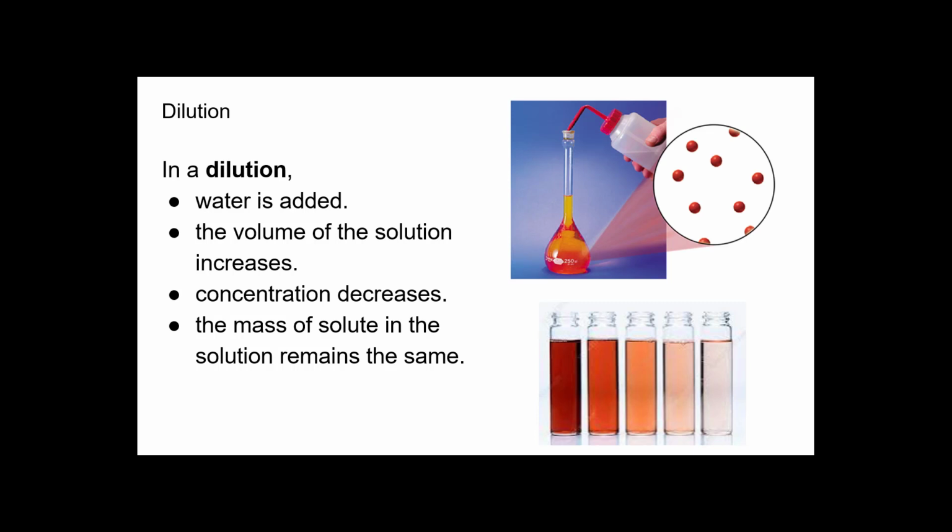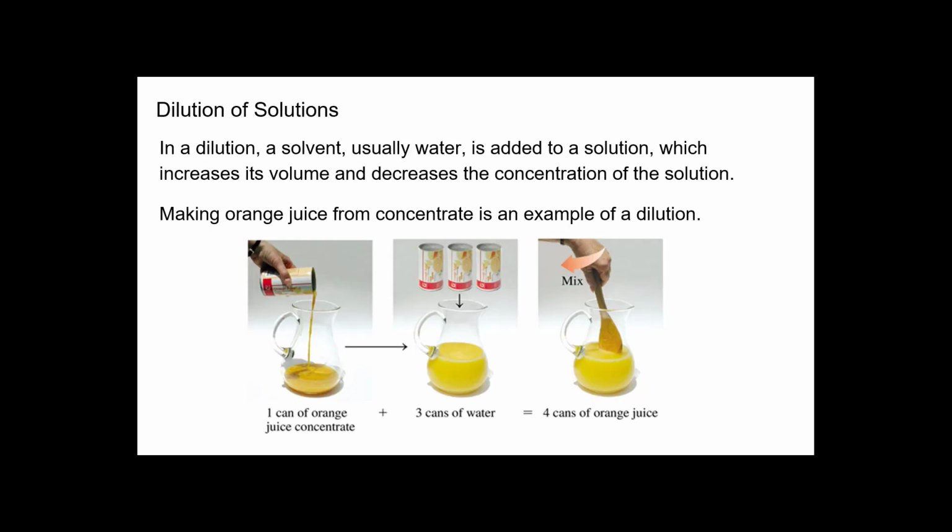What does that mean? The first thing is, we start with a specific amount, and if there was mass on here, it means it was weighed out. So let's say it's maybe 5 grams of orange juice. The 5 grams does not change through this whole thing, even though it's been diluted, because we're not interested in the mass.